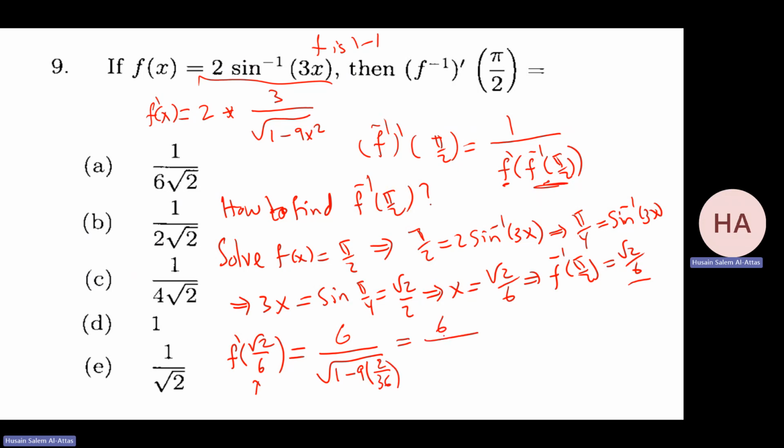That will be 6 over, this is 1, this is 1 over 4, so 1 minus half, which is half. So I have square root of 1 over square root of 2. So that will give me 6 square root of 2. So the answer is 1 over 6 square root of 2, which is this one.